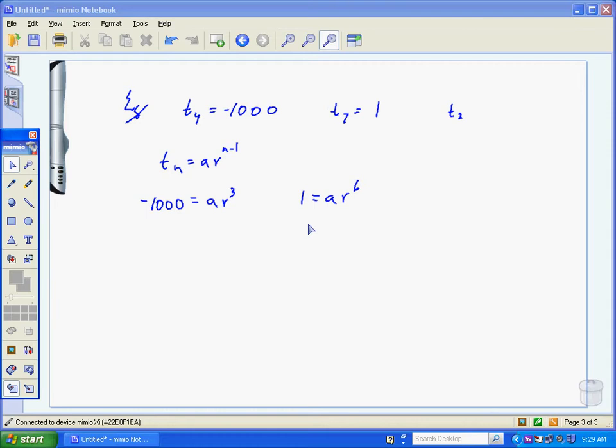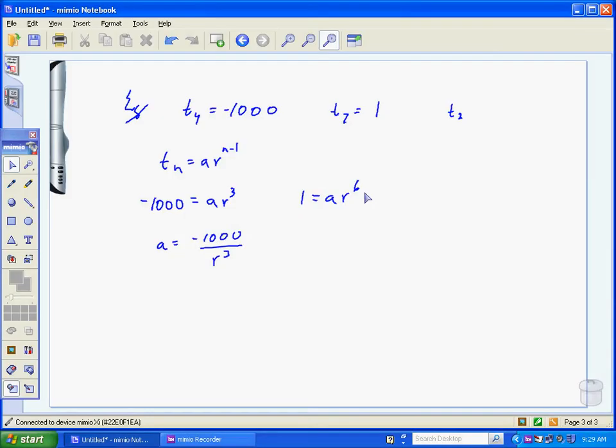Now, the only difference is right here. In arithmetics, what can we do? We can subtract our systems. With geometrics, we have to isolate a variable. So what variable looks like the easiest one here? A. Then we get A equals negative 1,000 divided by r cubed in this one, and in this one, A equals 1 divided by r to the 6.